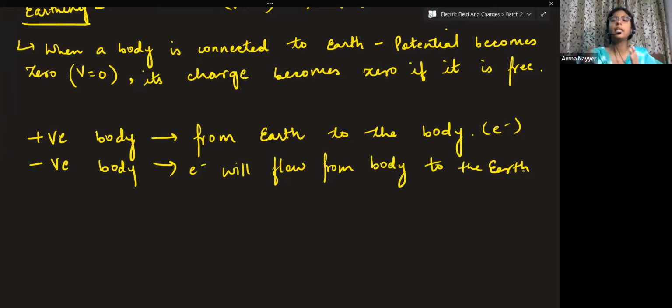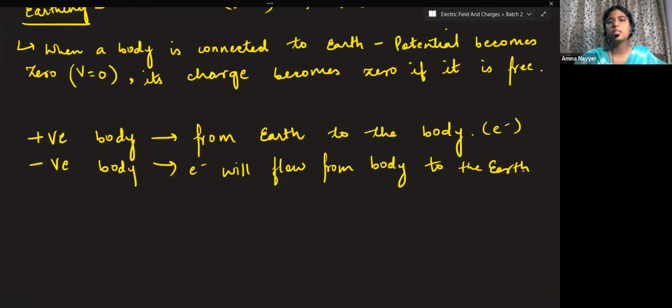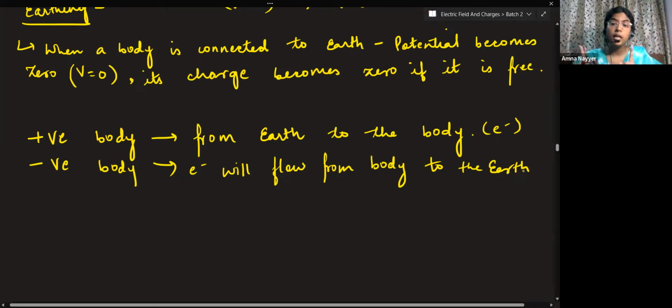Earthing means simply connecting to a body. Like human beings are good conductors of electricity. So whenever we stand on earth, we are connected to earth. Even if electrons pass through our body and we are not wearing any insulators on our feet, electrons do get transferred to the earth. That is only earthing. Earthing means the transfer of electrons between any object and earth.